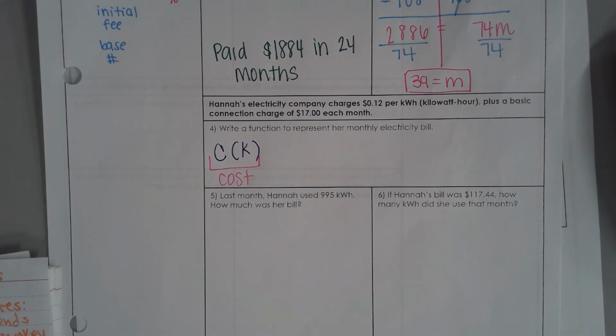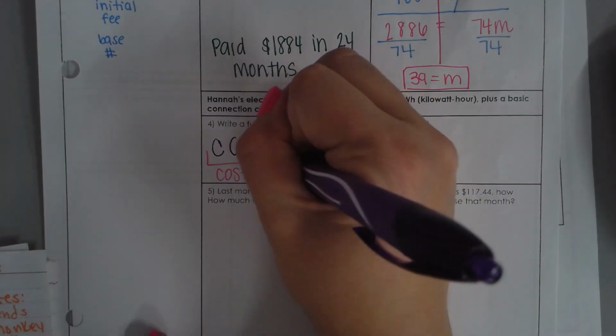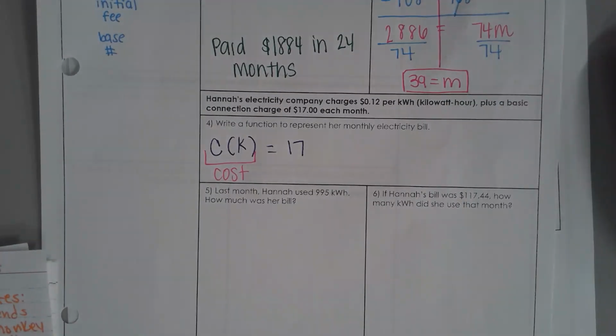All right, was there any kind of starting amount? $17, yep. So every month, even if her electricity was shut off and she used 0, she would still have to pay $17 to keep the company before they dropped her. She still has a meter. People from the company go out and read the meters. I guess maybe it's digital now.